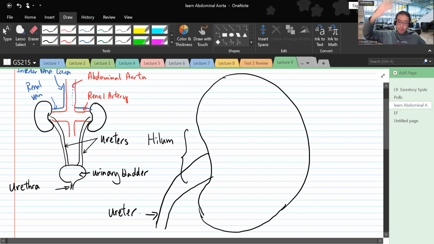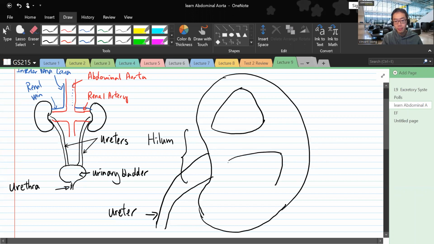So if you cut your kidney with a frontal section, you slice it into front and back portions, and you look at it, the inside will have all these little triangle or cone-shaped structures. Okay, so there's a cone-shaped structure right here. Just going to draw a few of them.